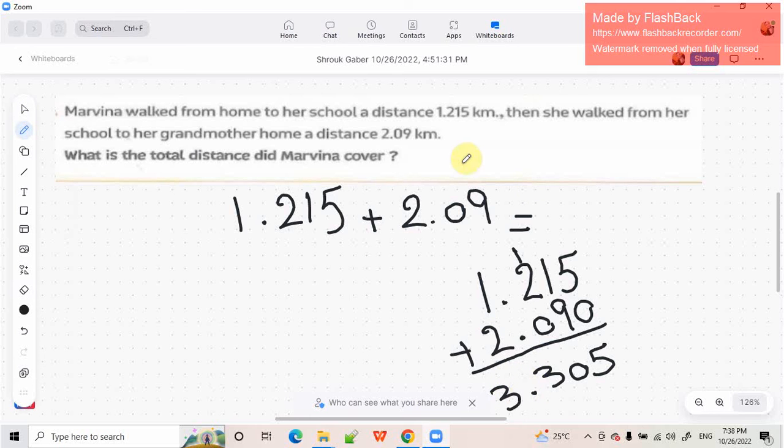So the answer will be 4.115 kilometers. We must write the unit, kilometers.